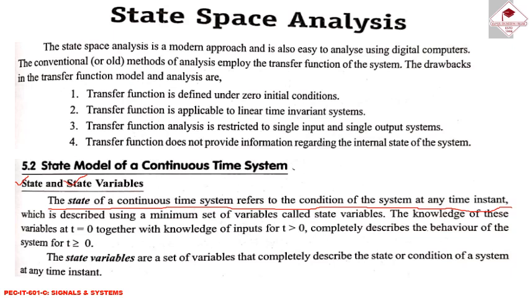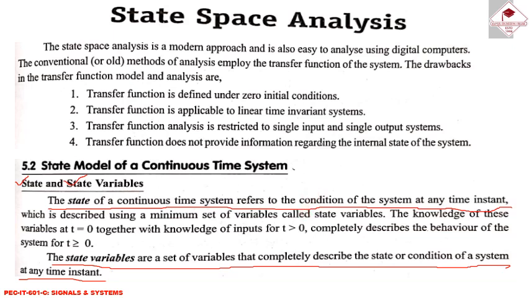The knowledge of the state variables at t equal to 0, together with the knowledge of the input for t greater than 0, completely describes the behavior of the system for t greater than 0. The state variables are the set of variables that completely describe the state or condition of the system at any instant of time. So these are the two definitions.